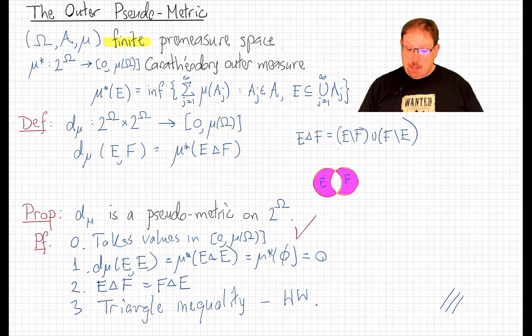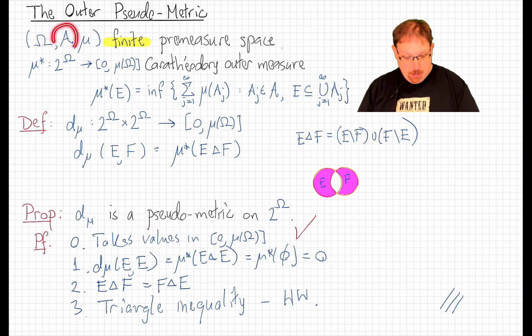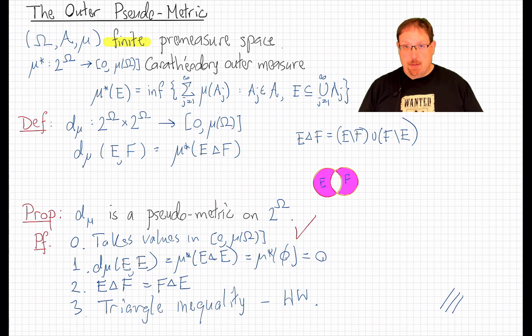We have thus constructed a pseudometric which is nicely adapted to the premeasure that we're trying to extend. We will call that pseudometric the outer pseudometric for that premeasure. And in a few minutes, we're going to show that the closure of the field A with respect to that pseudometric is a sigma field.